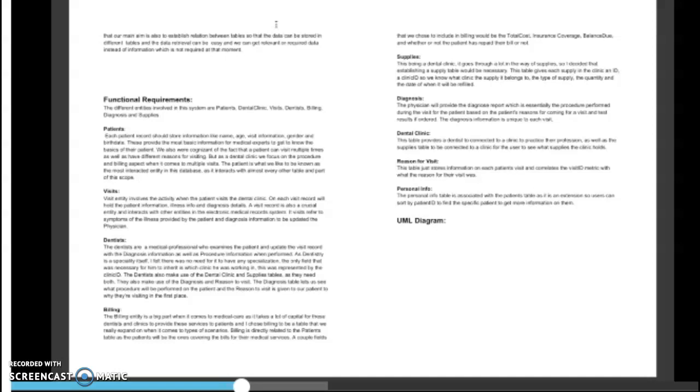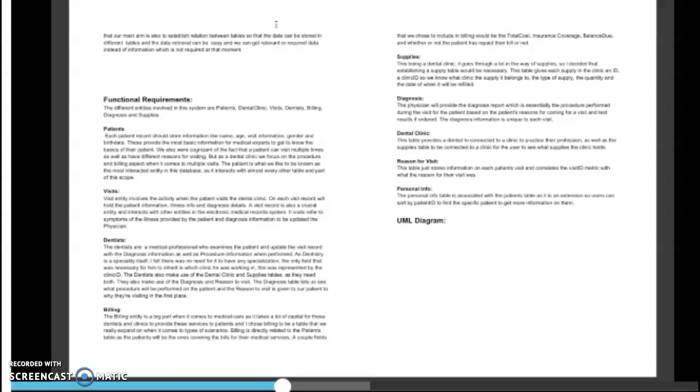So I believe there are 9 tables that I incorporated: patients, visits, dentists, billing, supplies, diagnosis, dental clinic, reason for the visit, and personal information. These were some of the extra parts that I included. For the patients, I included name, age, visit information, gender, and birth date.